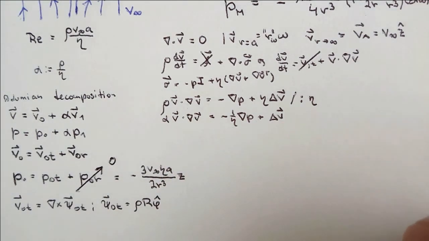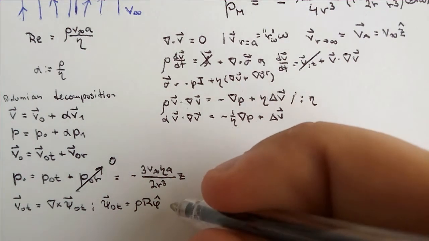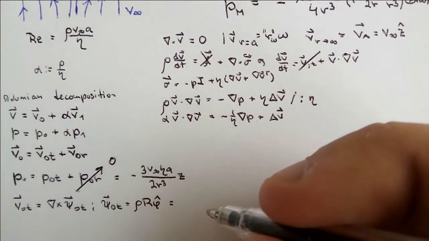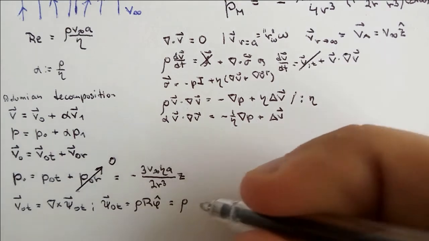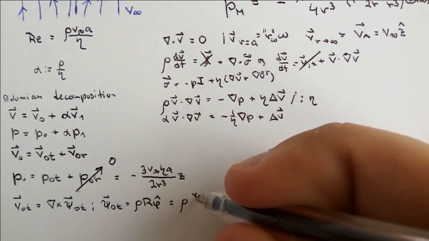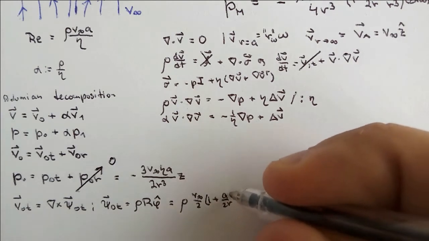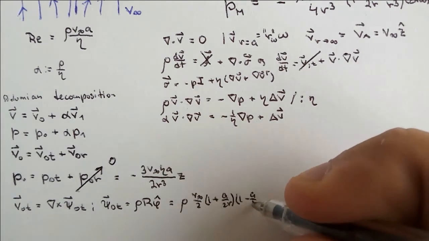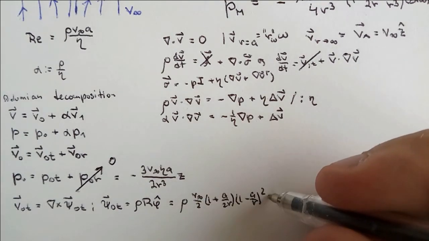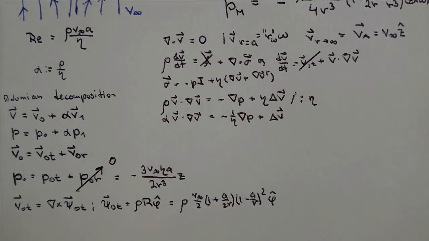Again, rho r is a very familiar term. So this is the solution for the zeroth translational part.